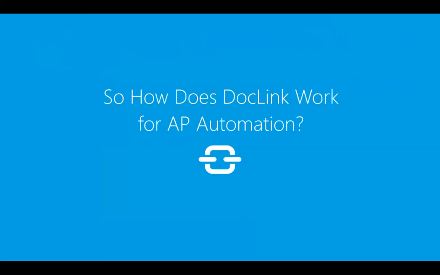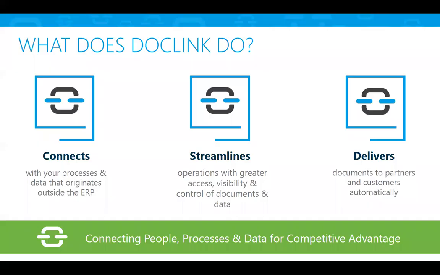So how does DOCLINK work for AP automation? And we're going to touch on other aspects of DOCLINK beyond AP automation. The key thing is it's about connecting the different processes and procedures within your organization, connecting folks within your organization, getting things that require approval, things that need to be reviewed, streamlines any business processes, operation procedures, controlling of the document and data, and of course, allowing you to deliver these documents to folks internally that need to approve it or folks externally.